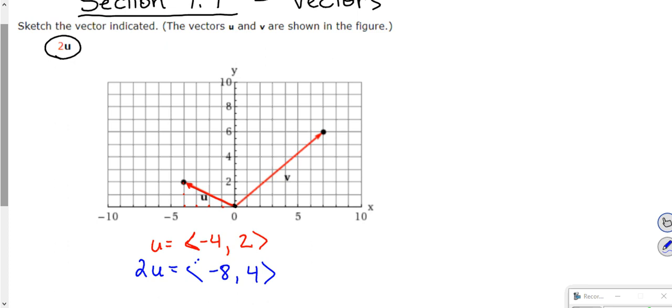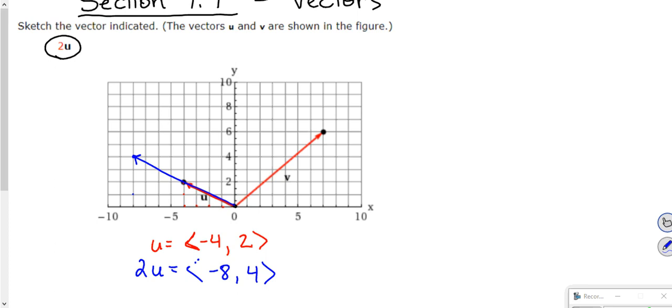To sketch my vector 2u, it's going to be 5, 6, 7, 8 to the left, and then up 4. So it's going to end here. It is literally twice the length of vector u going in the exact same direction. Okay, that's it on that one.